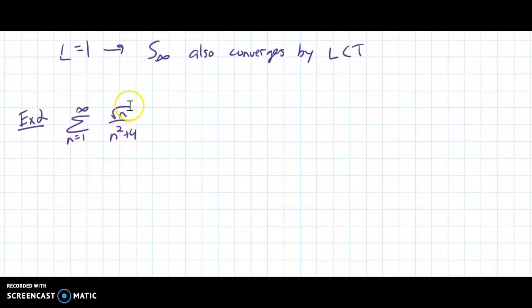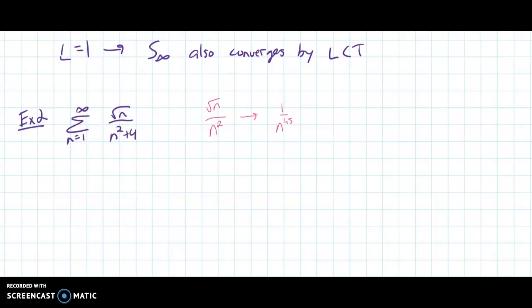So here, what's the biggest piece? It's root n. And what's the biggest piece in the bottom? N squared. So that would simplify to 1 over n to the 1.5 because the top's a half.